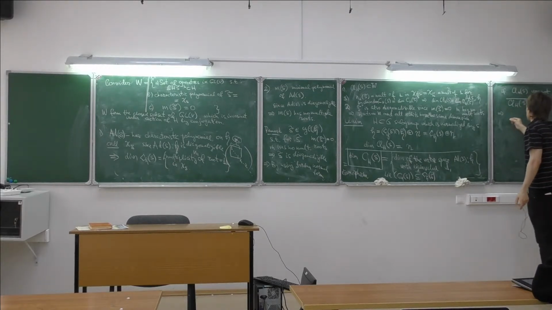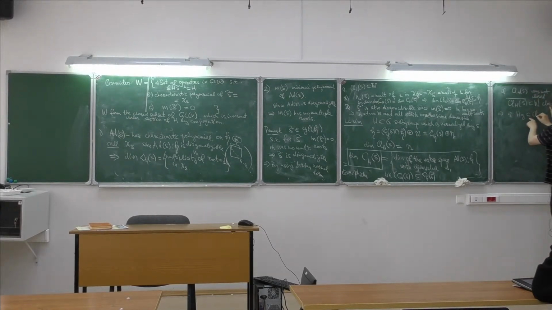So this means that if you have HY, the orbit which is in the closure of S, in the complement to your orbit, then the dimension of Y will be strictly less than the dimension of the orbit.